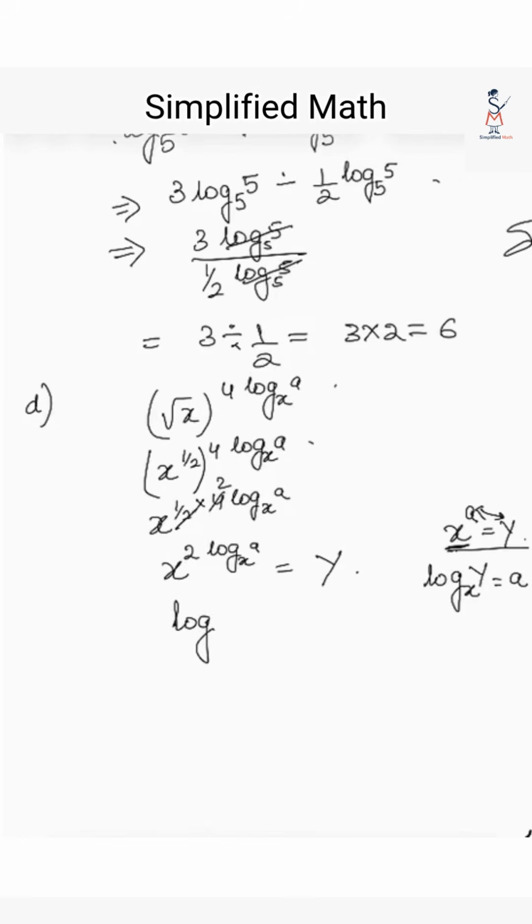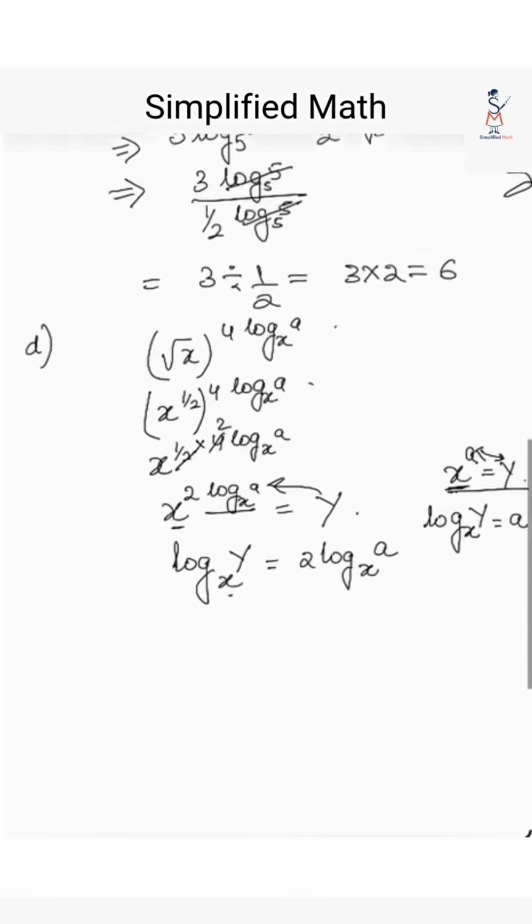So this will become log, x will be the base, and this y and this 2 log a to the base x will get interchanged. So y will come here, and 2 log to the base x a will be this. Fine.